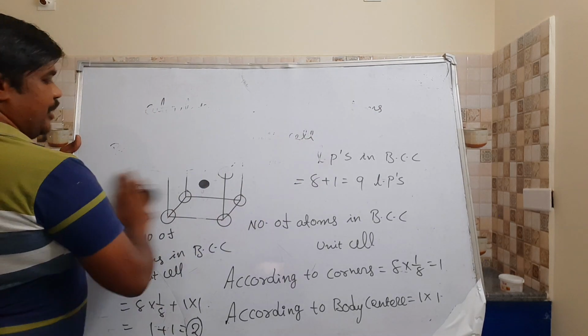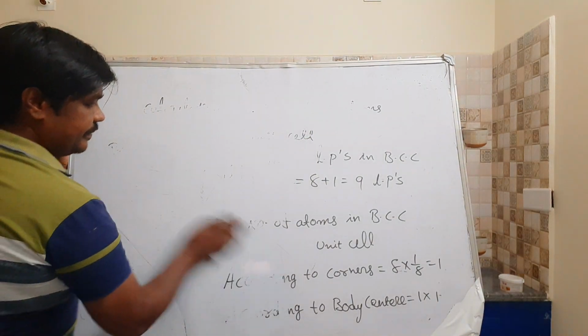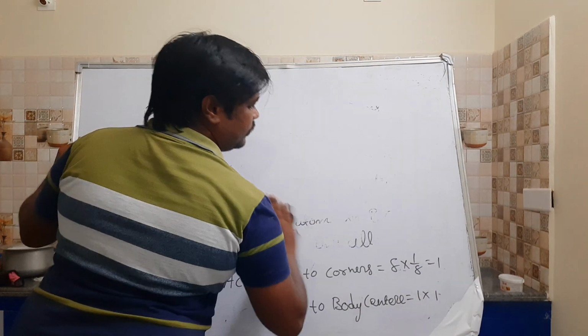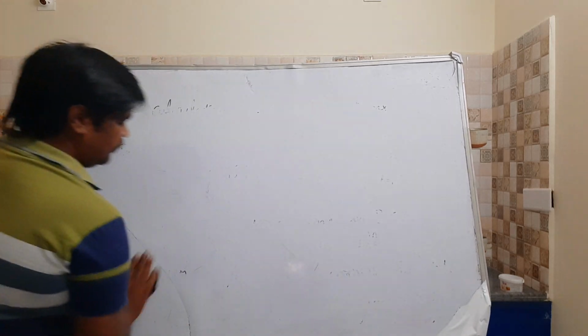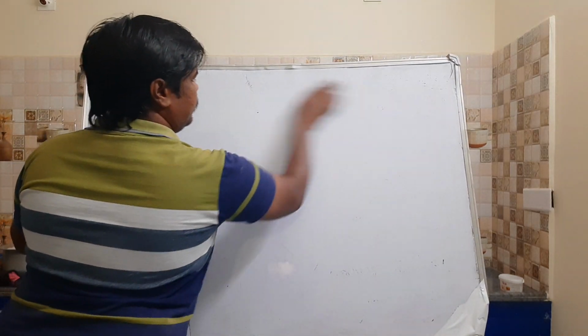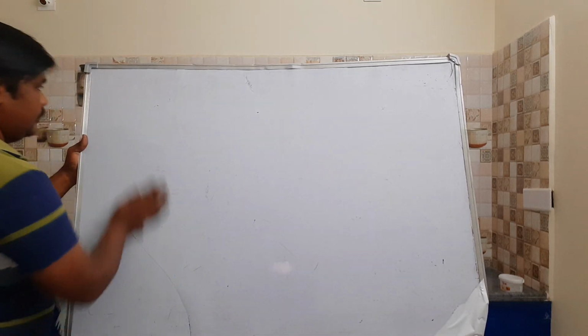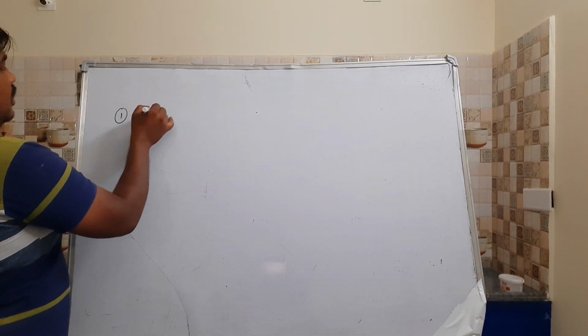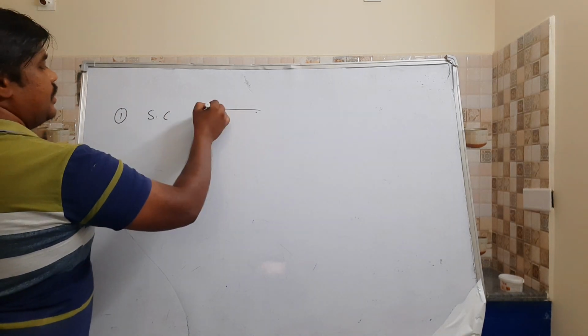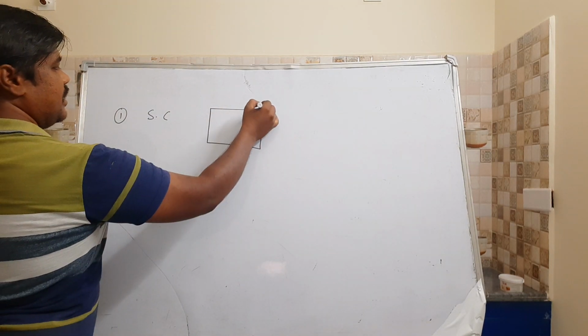At a glance, I am going to give you one by one. First one is the simple cube. Structure is just like this.